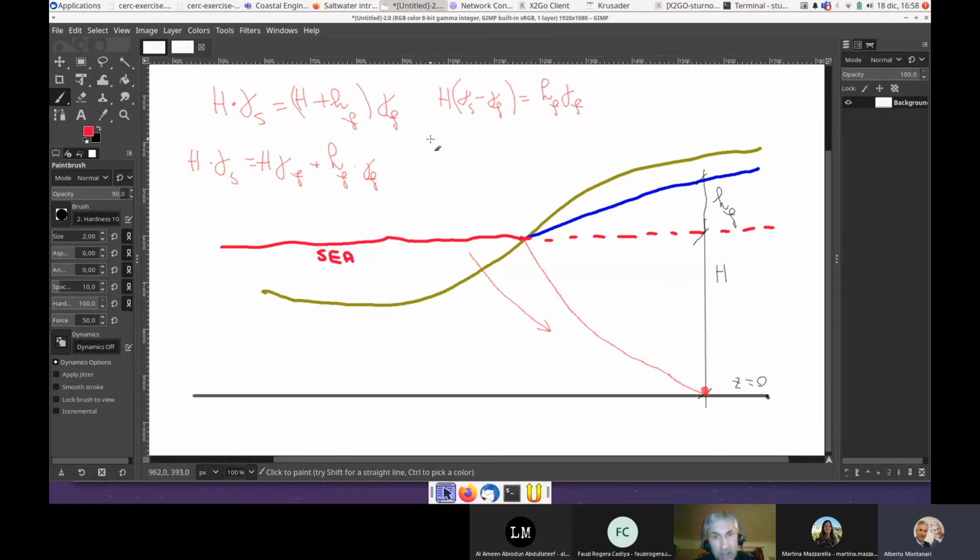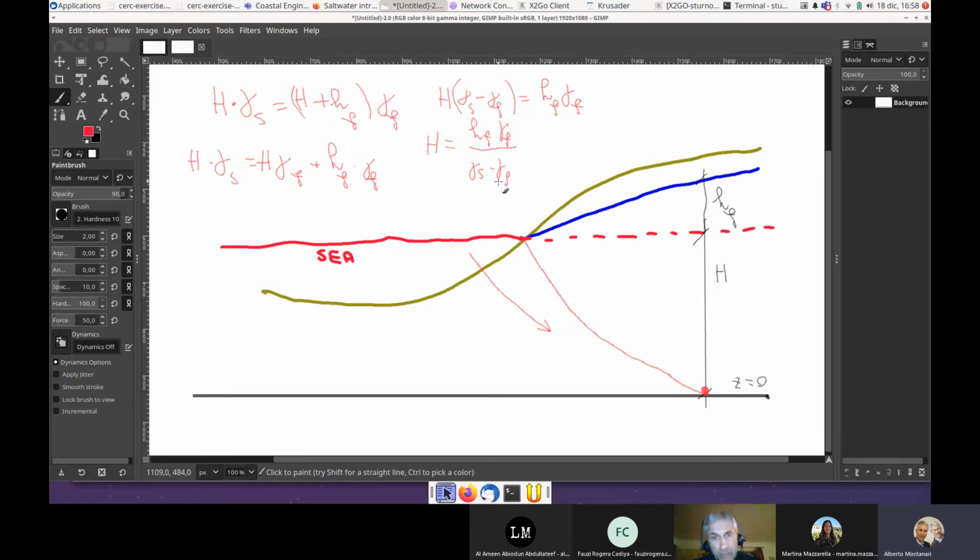Now I am almost ready. Capital H is equal to, at the numerator, h f times gamma f divided by gamma s minus gamma f.